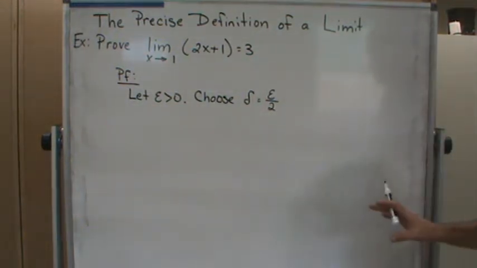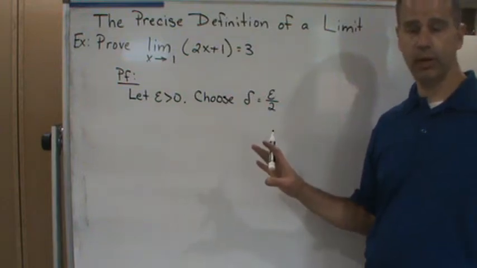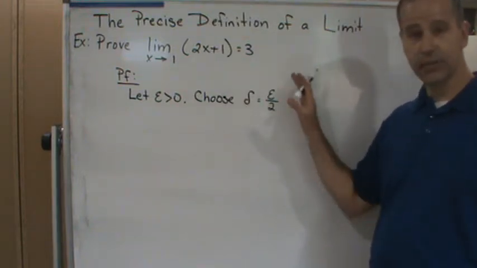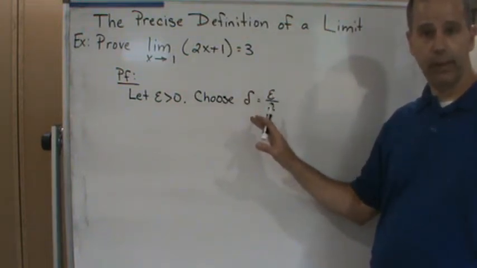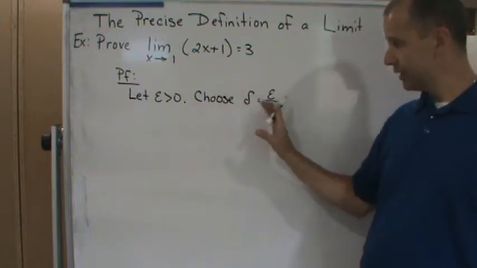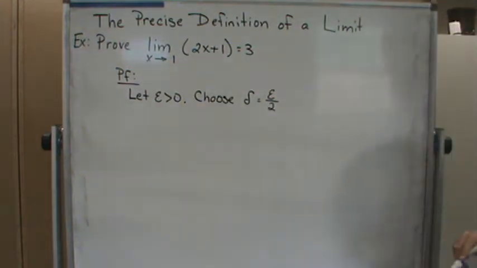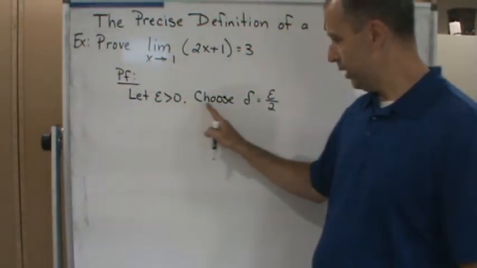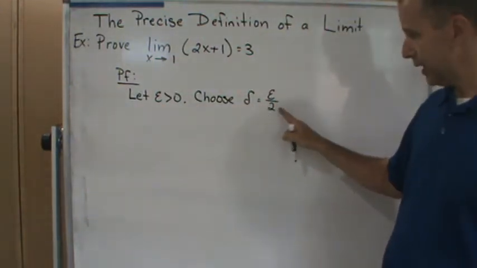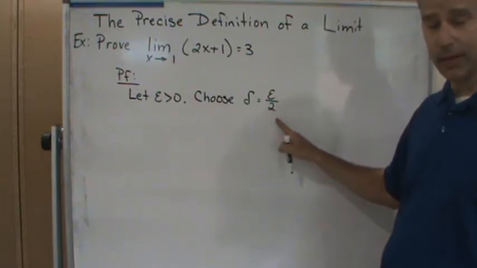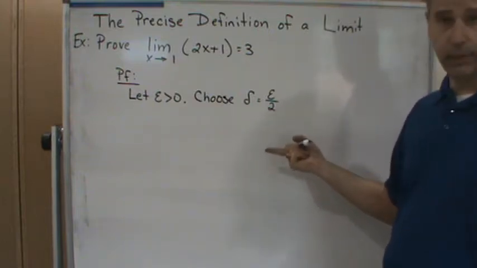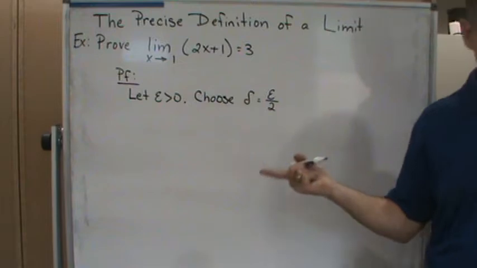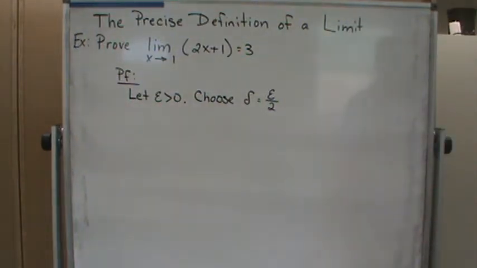Because part of this is we're going to end up working backwards to figure out what our delta is going to be. Okay, but I want to show you, since epsilon is greater than 0, if I choose delta to be epsilon divided by 2, so half of epsilon, then this is also going to be greater than 0, right? Which is what we want.